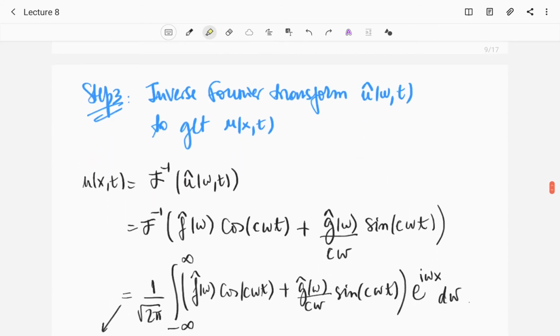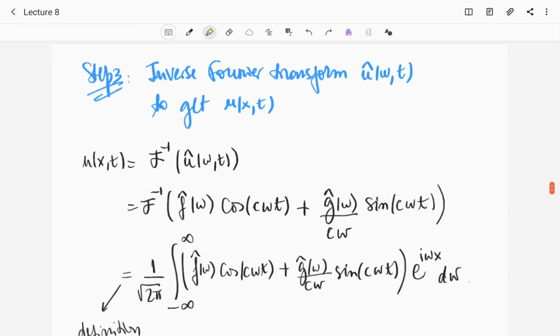Third step and last one: inverse Fourier transform this function, the Fourier transform of u in omega t, so we get the one that we really want, which is u of x t. Okay, so here just the definition.